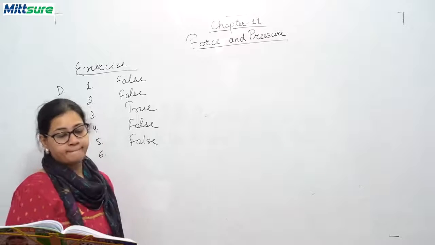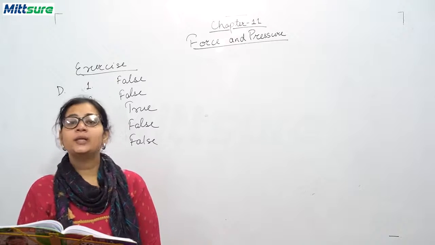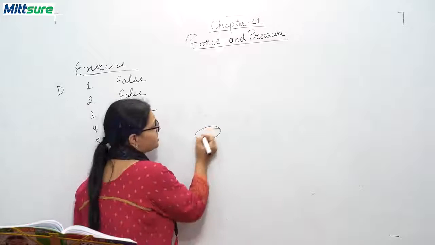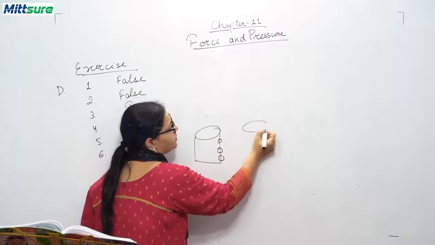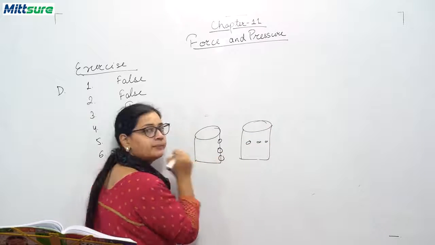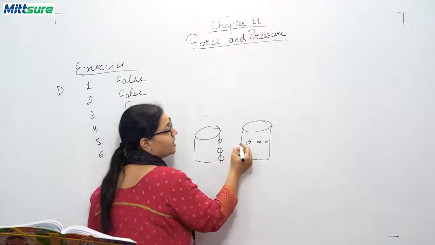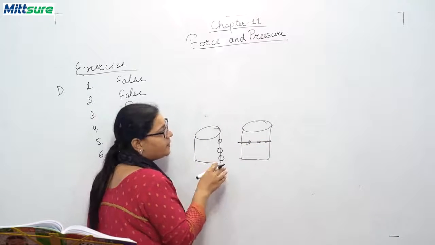Sixth, pressure exerted by liquid decreases with depth. Now students, we have done this example. This whole one example and this one also. Holes at one depth. We had decided that all the holes were opened together here. That is, at the same depth there is the same pressure.